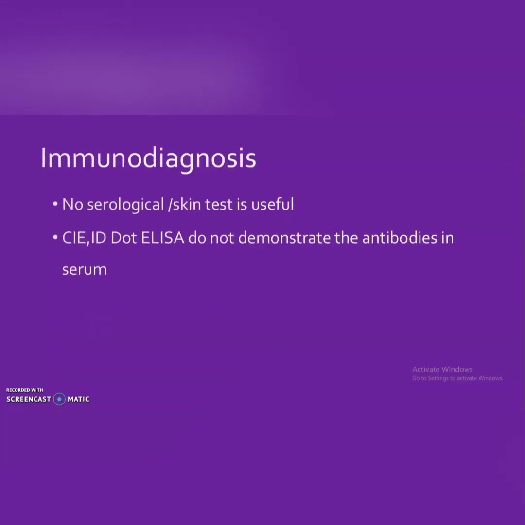Then coming to immunodiagnosis, there are many immunological techniques such as counter immunoelectrophoresis, immunodiffusion, and dot ELISA, but all these techniques do not demonstrate antibodies in serum. So there is no effective diagnostic or serological method for the diagnosis of Rhinosporidium, and there is no skin test.